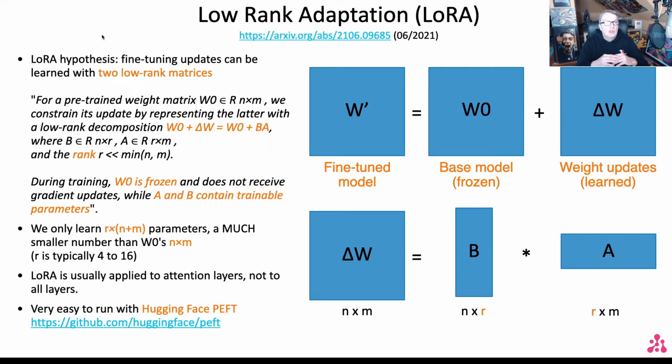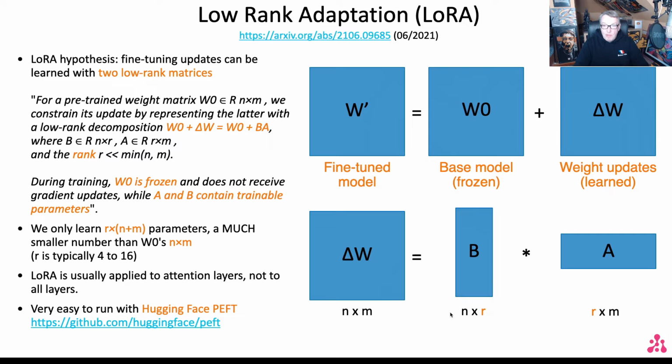In fact, I'm not going to train the layer at all. I'm going to train updates only. So I'm going to keep the base model unchanged, and I'm just going to learn parameter updates to the original model.